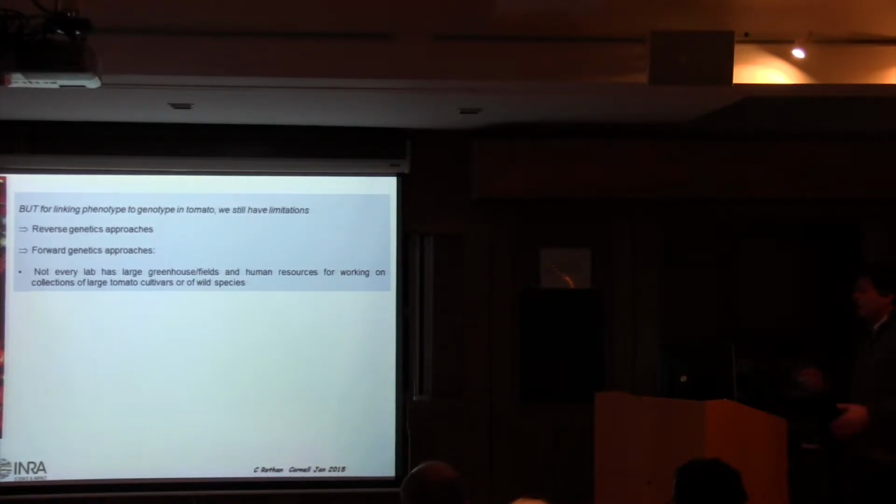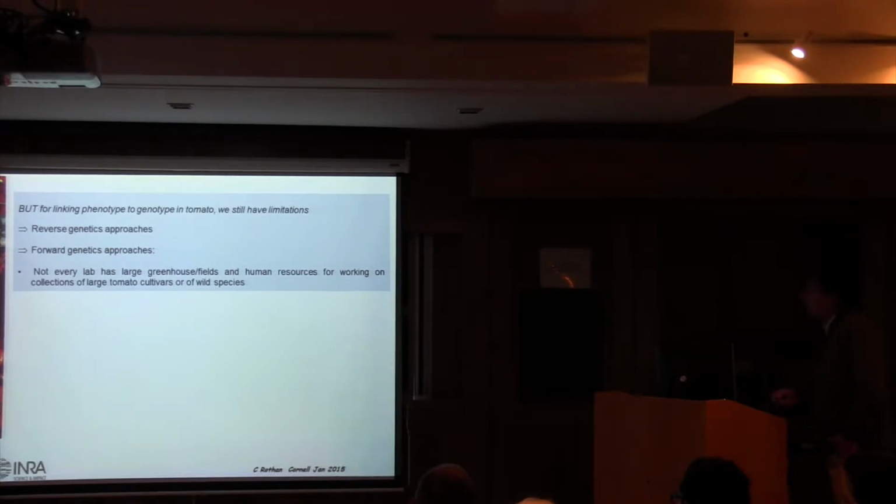We have tools now, and what is done now with RNA-seq and large correlation networks gives very good insights into the putative function of genes, but still we need to do plant transformation. We don't know whether it will give a phenotype or not, because it can be redundant in function and so on. So what we wanted to develop is forward genetics approaches.